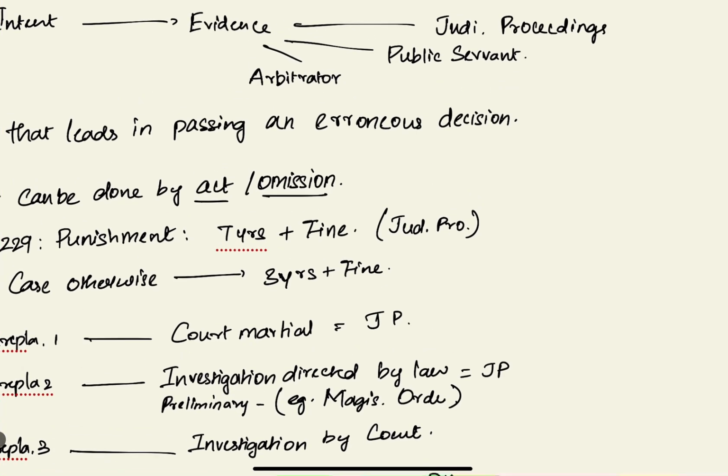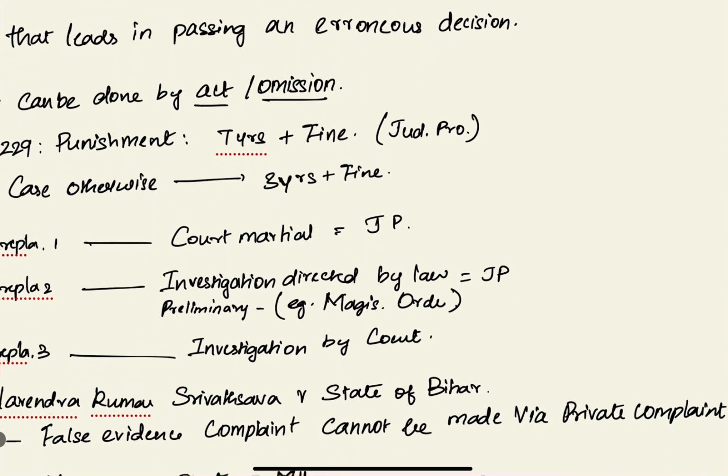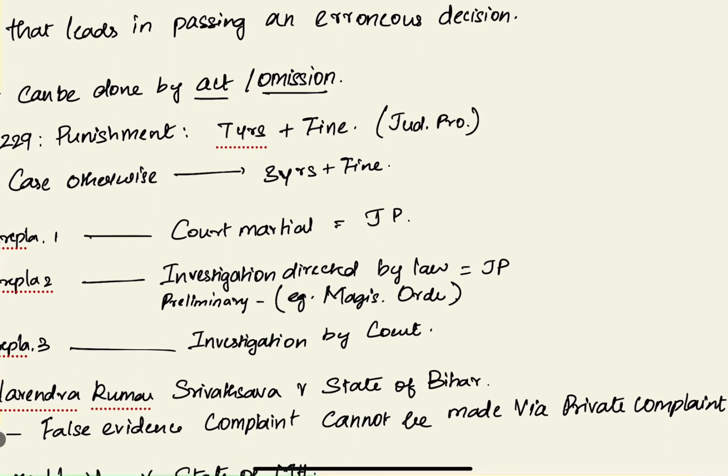So that is also an offense, and it is not just an act but it also includes omission as well. And section 229 deals with punishment.